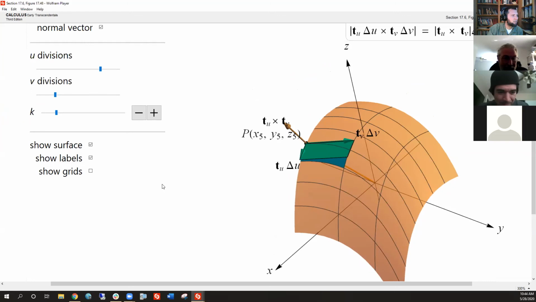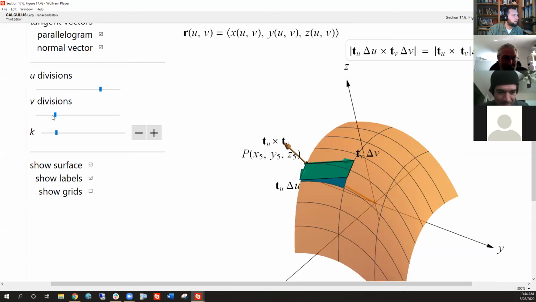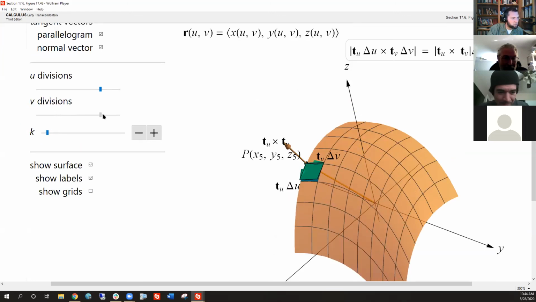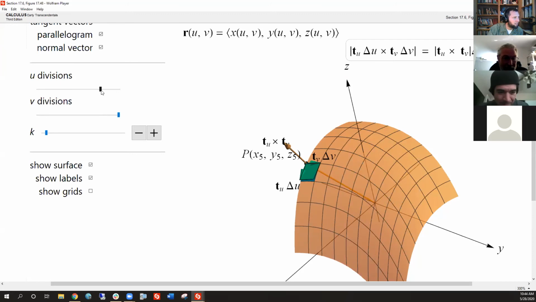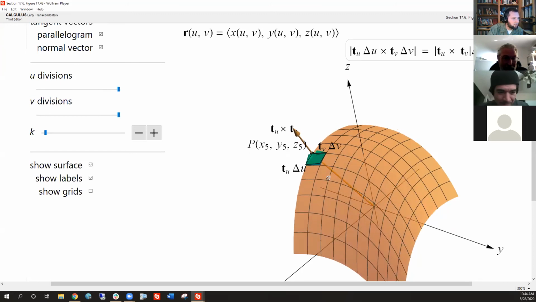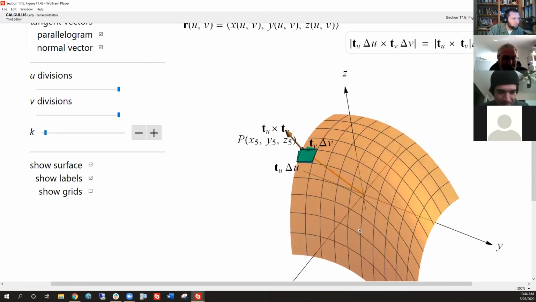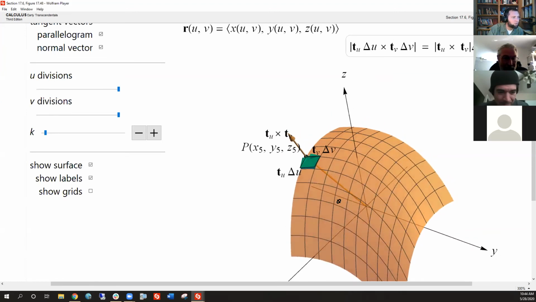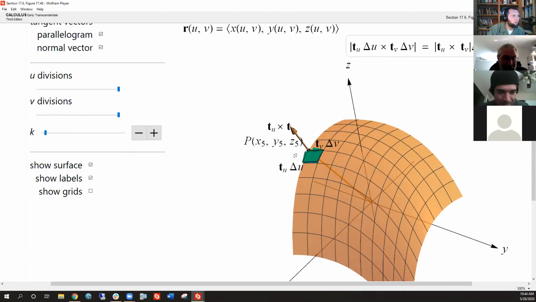Let's see if I can add more divisions. Notice if I max it out on the animation, the difference between the parallelogram and the patch is pretty small. So yay for patches, yay for parallelograms, yay for calculus.